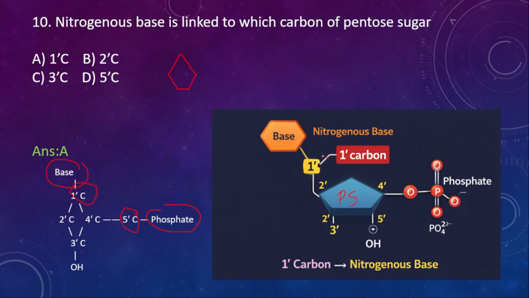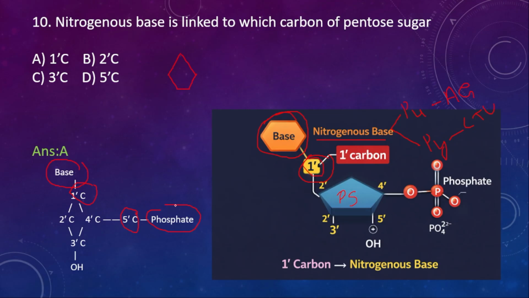For the first carbon, there will be the attachment of the nitrogenous base. What are the nitrogenous bases? Either purines or else pyrimidines. Purines, how many? Pure as gold, that is A and G. Pyrimidines C, T, U. So any one of these can be attached here at the first carbon.